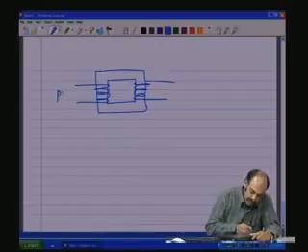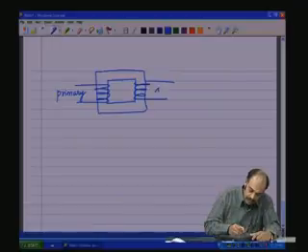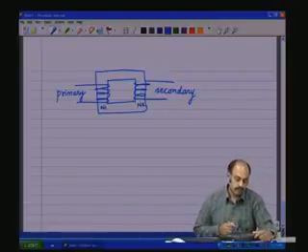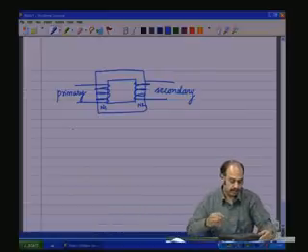This is the primary and this is the secondary. This is N1 number of turns, this is N2 number of turns, NP or NS number of turns depending upon the winding.